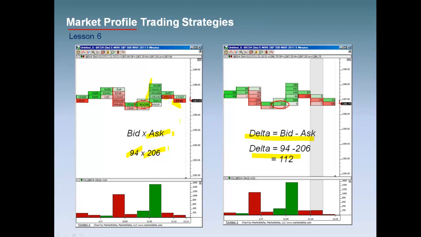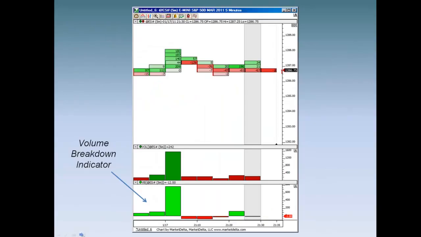So you begin to see the power of the data that the profile can provide to us, and how this can be tremendously helpful in our analysis. And it is not about either or, it's really about using the power of both together, the profile along with the delta, or the footprint charts.